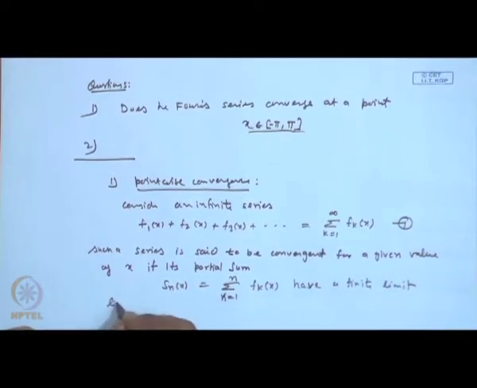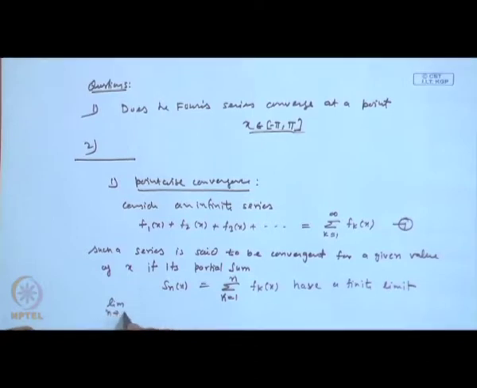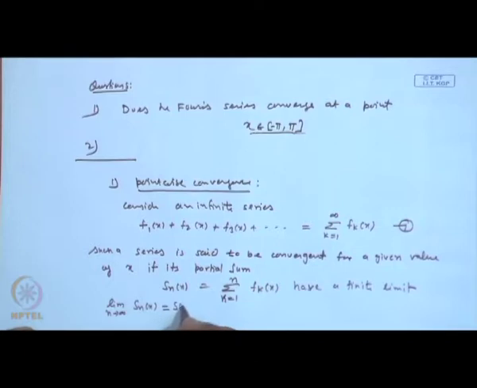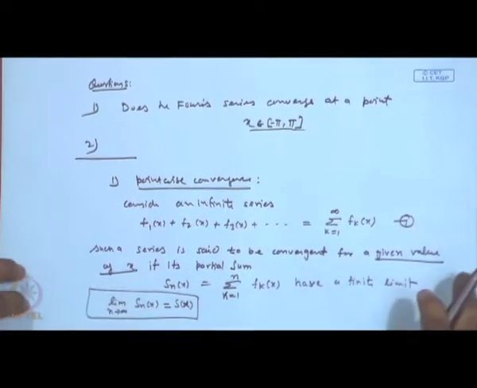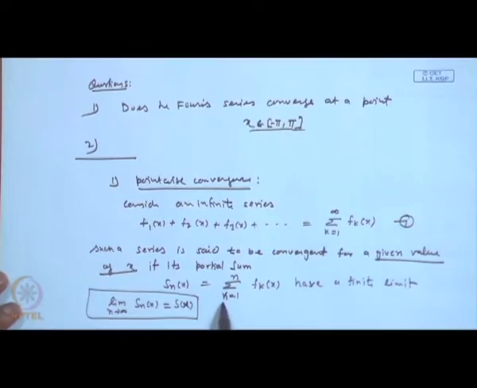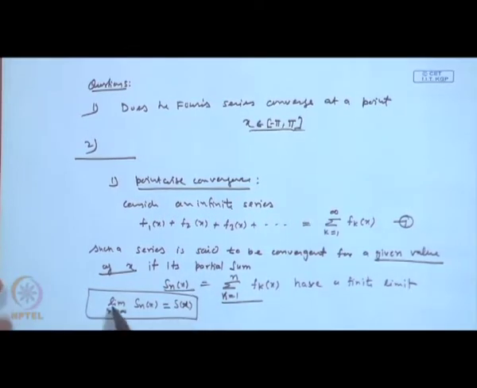That is, the limit as n tends to infinity of S_n(x) exists, and let us call it S(x). If for a given value of x this sequence of partial sums S_n(x) converges to some S(x), then we have pointwise convergence, because it depends on a particular value of x.